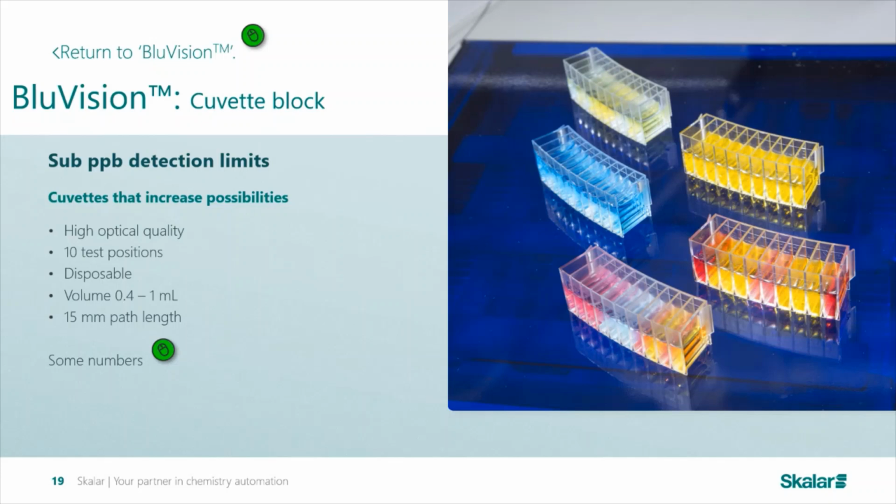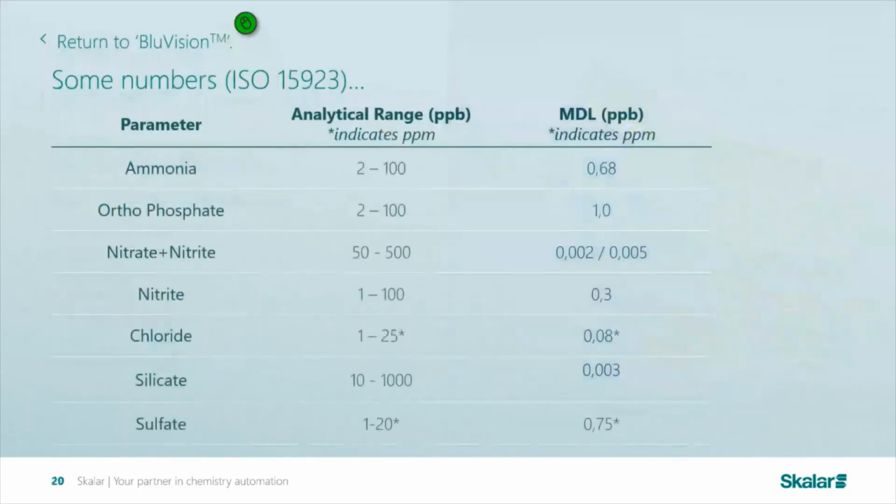analysis. So if we just look at some numbers, just quickly back to basics. We're thinking of our Lambert-Beer law, where our longer path length gives us a higher sensitivity, which gives us lower detection limits, and by extension, better quantification possibilities. And that's what you see here.